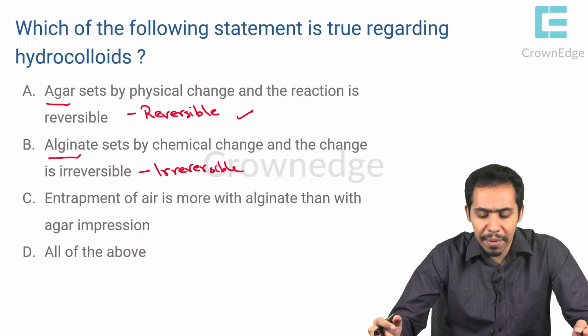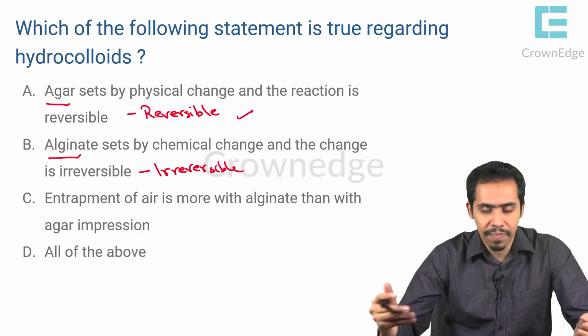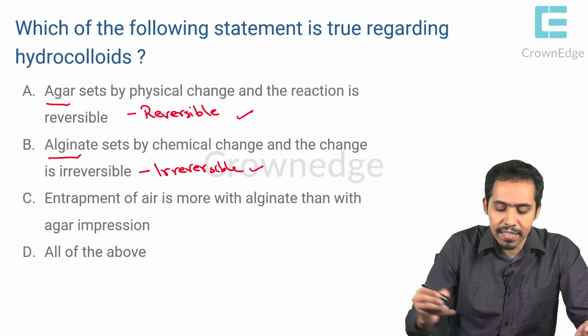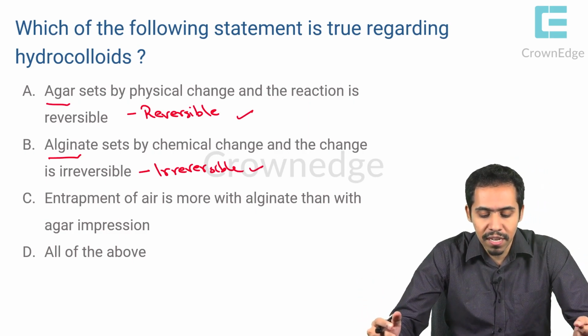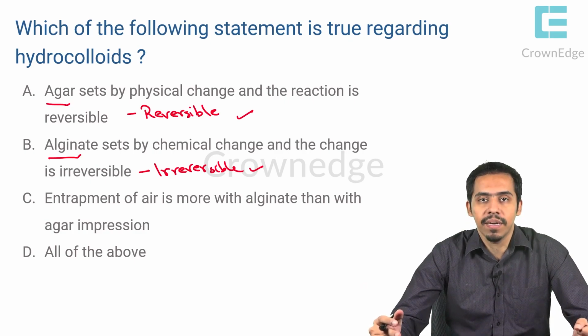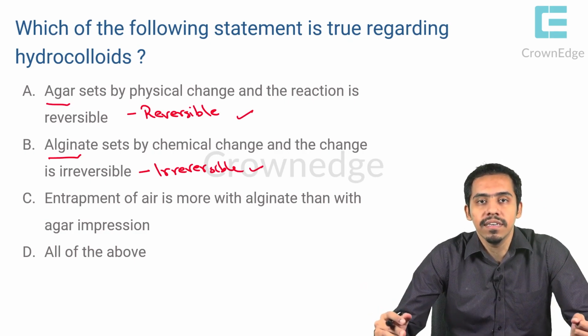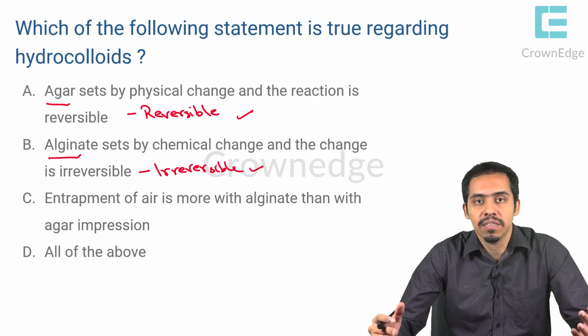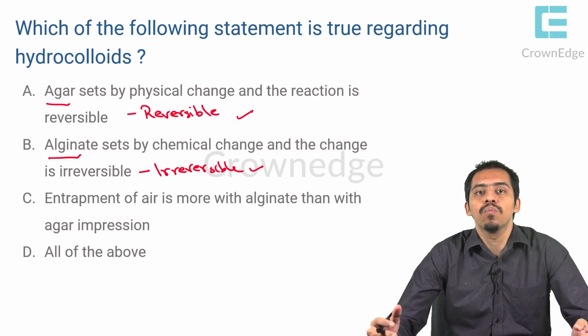Alginate sets by a chemical change, the change is irreversible. Again, that's perfectly correct. The third option is the entrapment of air is more with alginate than with agar impression. Now, what is to be understood here is we do a process called spatulation with an alginate impression, in which we mix the mixture that is given to us, the powder contents, with water.